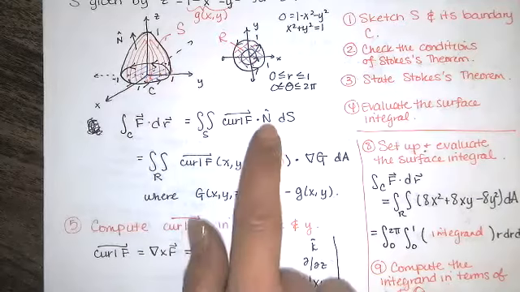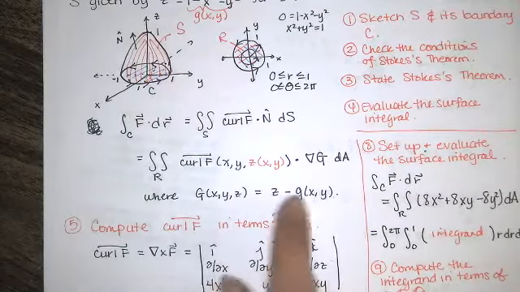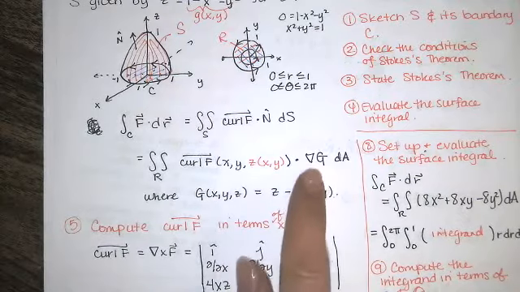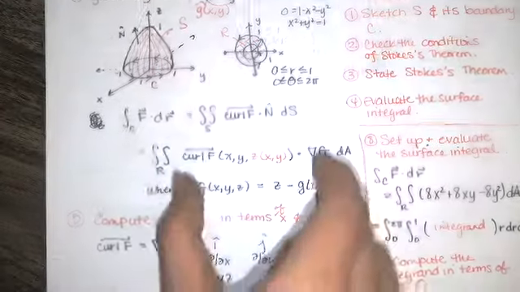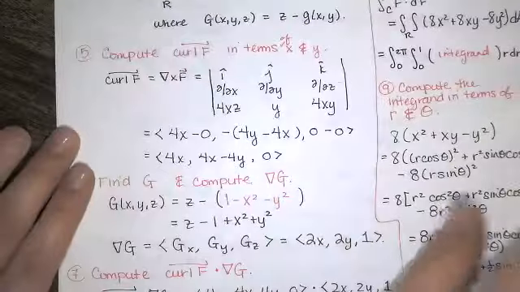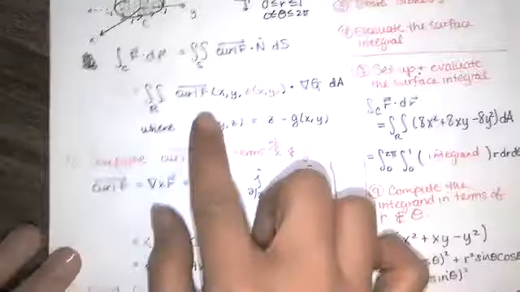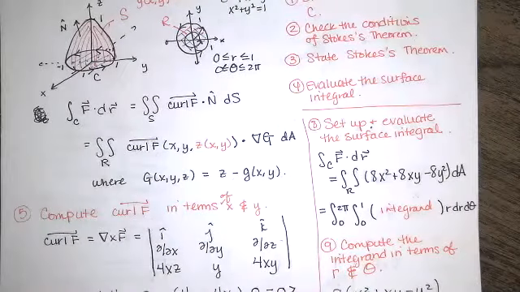And then instead of using this unit normal vector n hat, we calculate G, which is Z minus little g. We compute its gradient. That's entirely in terms of X and Y. And then we take a dot product. That's going to be our integrand. When you're done, you get a scalar function of X and Y. Then you need to describe the region R that you're integrating over and then just evaluate the integral. And so that's how we do that in practice.